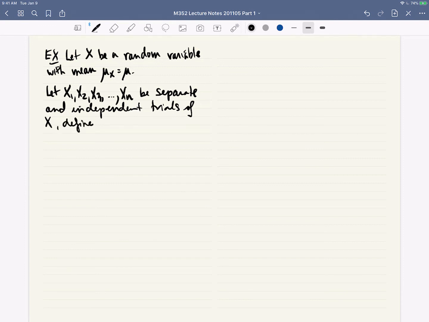We can define the following point estimator. Call it x bar, and it's 1 over n times the sum of the results of all these experiments. This, of course, is called the sample mean, and we've worked with this before.